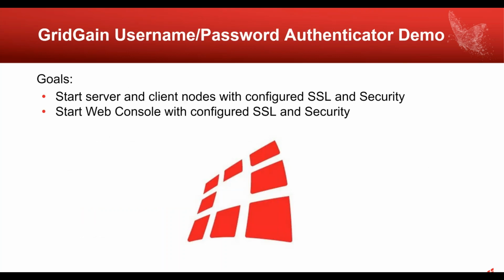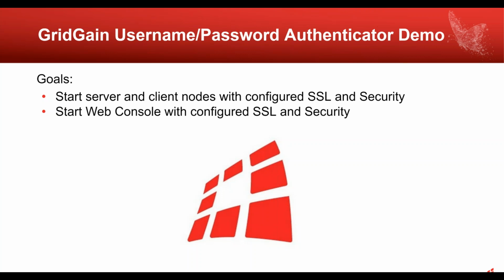Okay, now we are ready to run the username password authenticator demo. During this demo, we will start a server and client that we will configure with SSL and security together. After that, we will start the web console and see how it works with security.